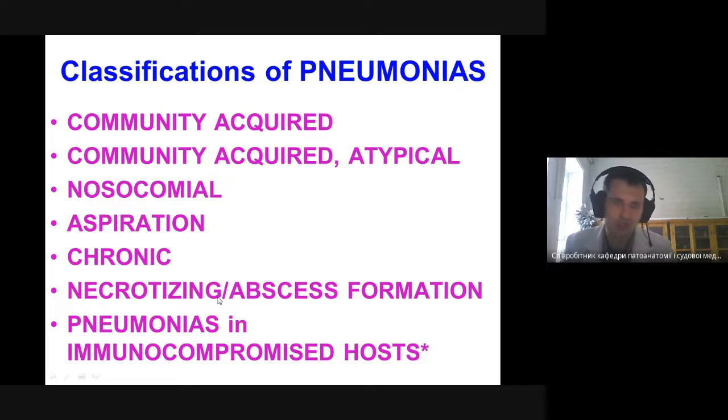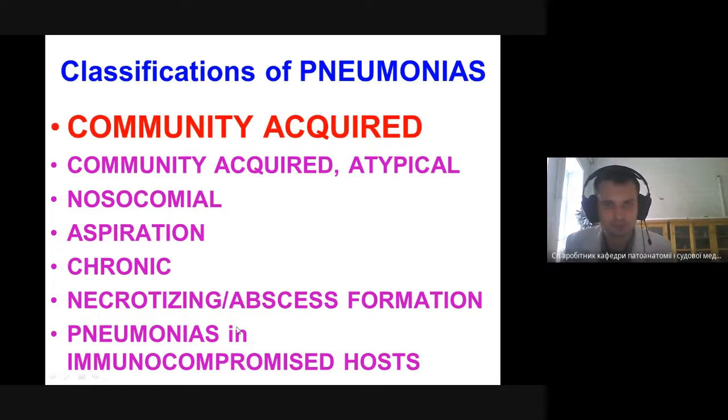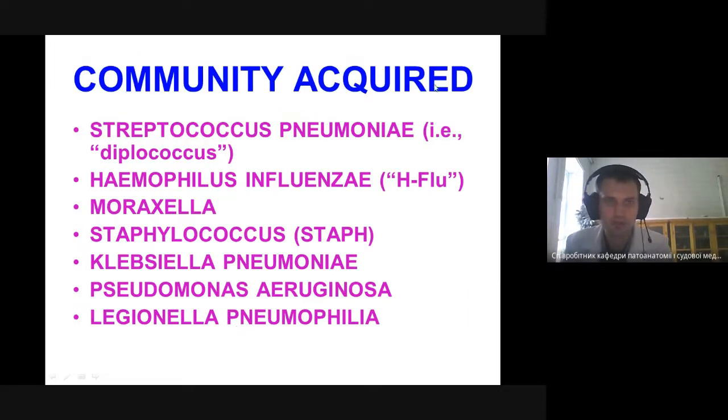Necrotizing, abscess formation, so with the tendency to necrosis and then formation of abscess. Pneumonias in immunocompromised hosts. Let's go through it. Community acquired with Diplococcus pneumoniae, the most common one. Diplococcus. So you have to remember it because this microorganism is known as the causative agent of lobar pneumonia. They like this question.